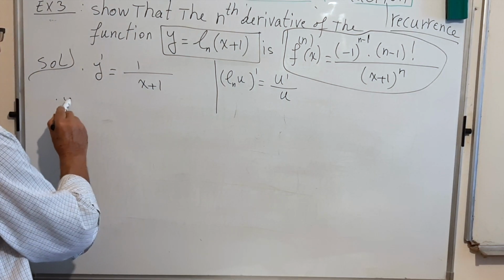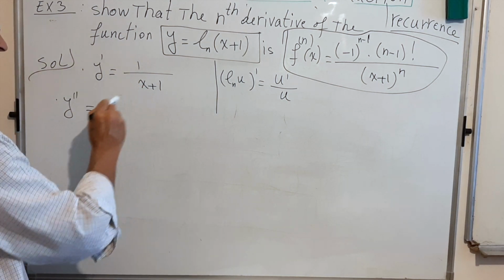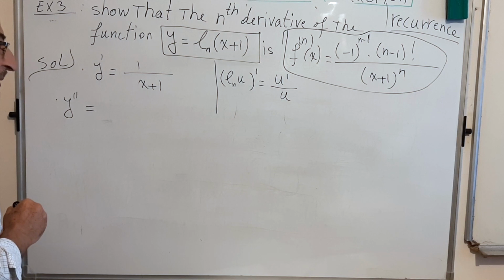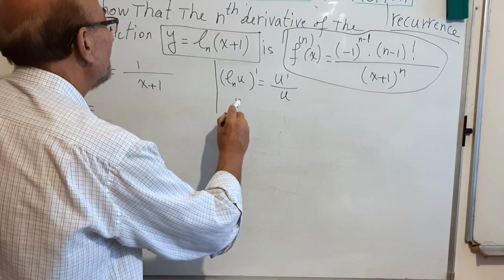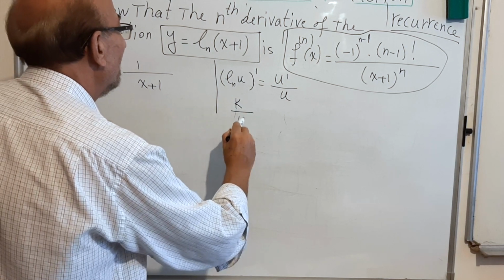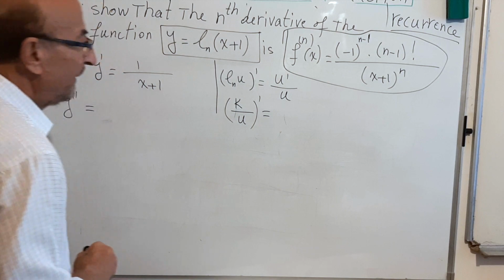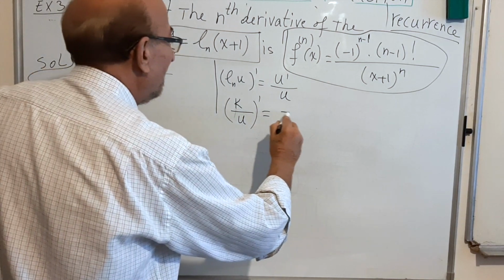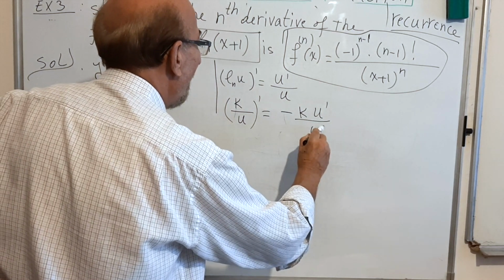For the order 2, y double prime, the derivative of 1 over x plus 1. The derivative of k over u is minus k u prime over u squared.